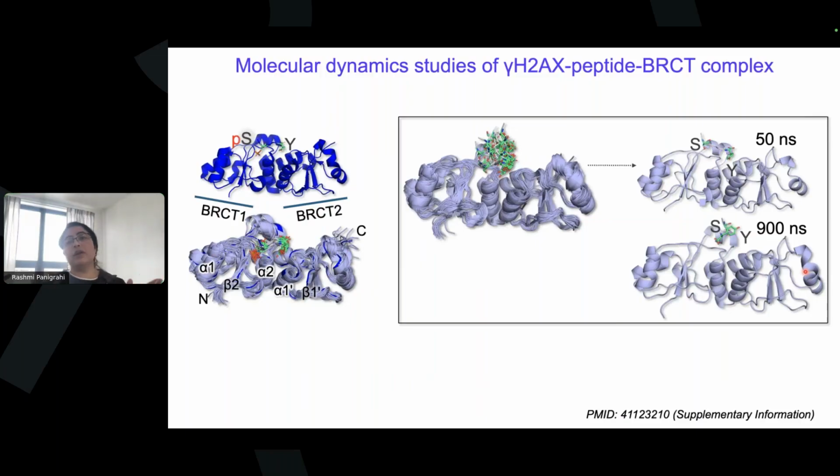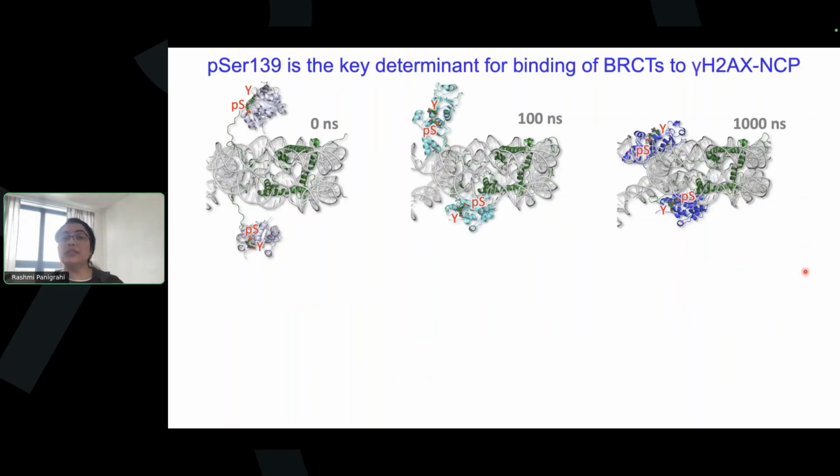So now we got our trust in molecular dynamics simulation, that it actually mimics what we see on our bench, in test tubes, that in the absence of phosphorylation, the peptide doesn't bind to BRCT. So we thought to move ahead and do the same with the phosphorylated NCP instead of the peptide.